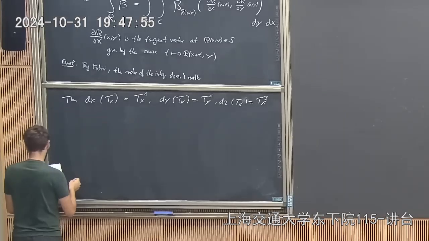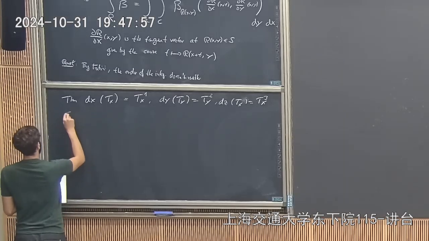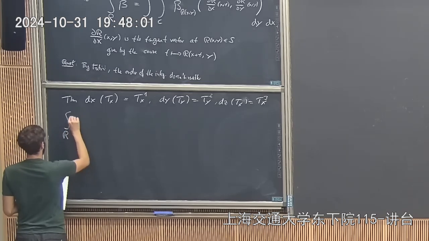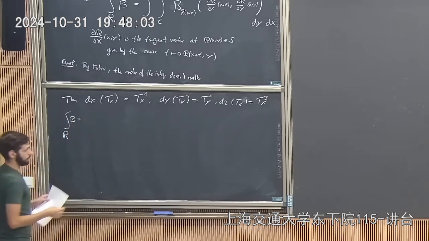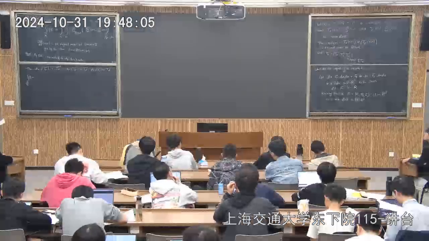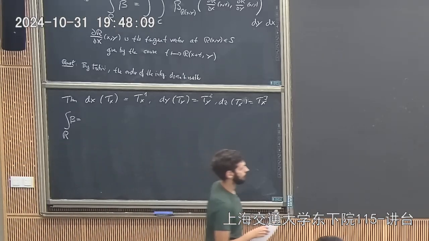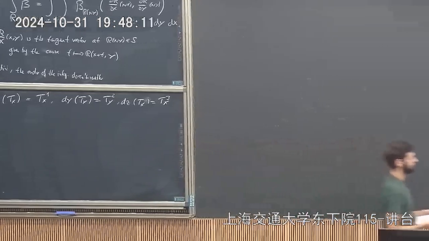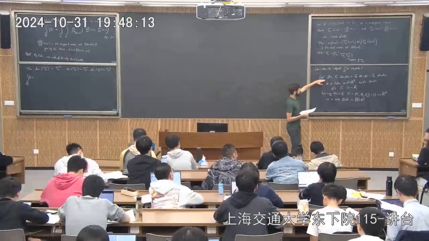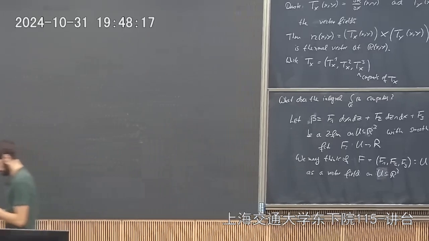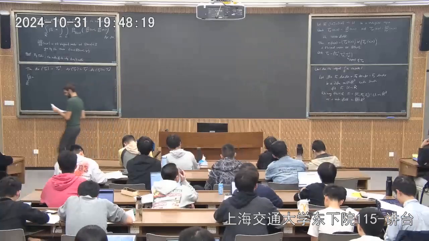So let's calculate this integral. So where was beta? Beta is this guy here. So we need to evaluate it.